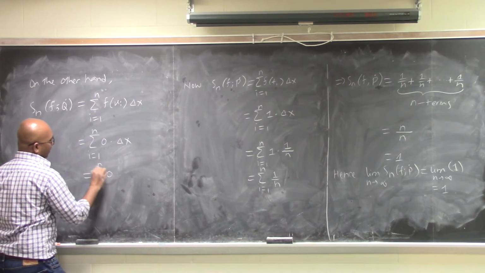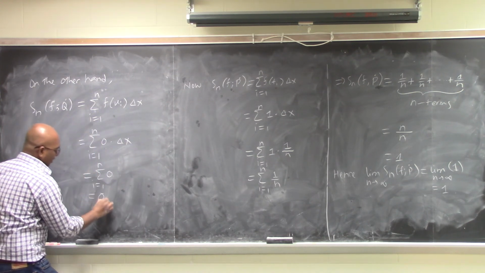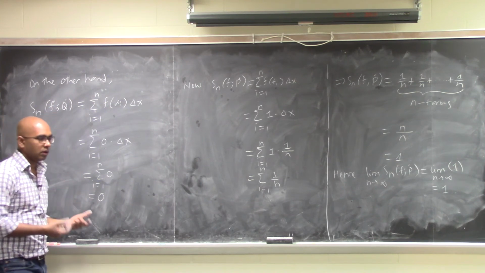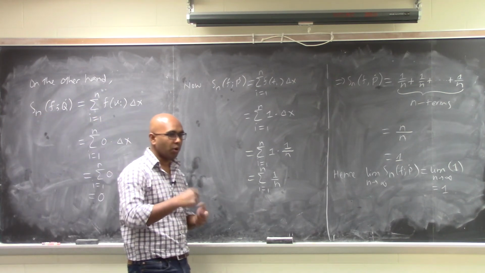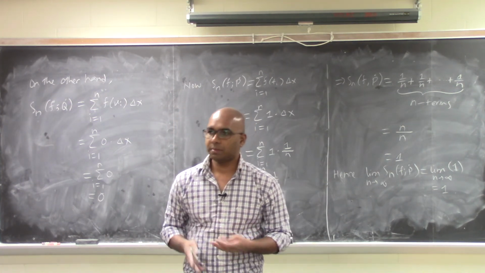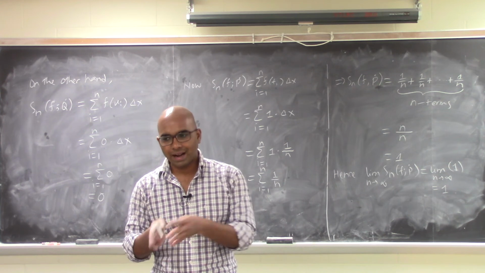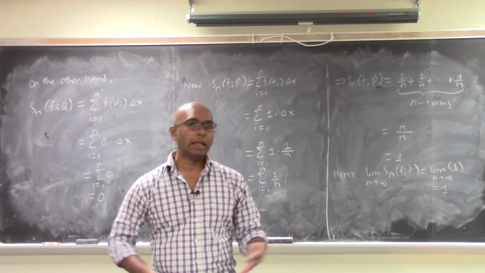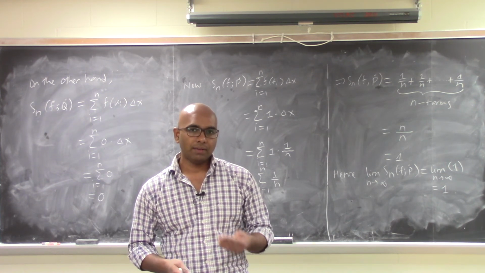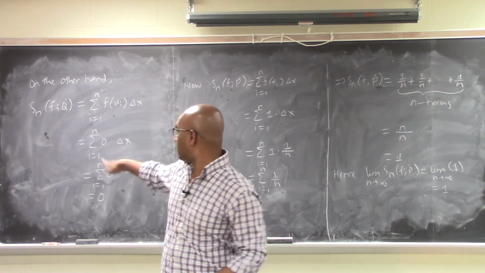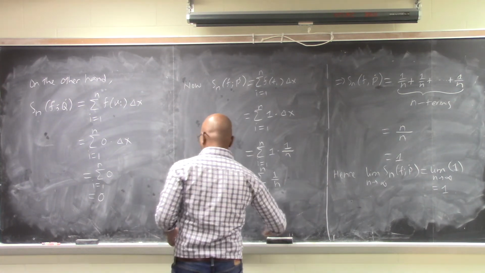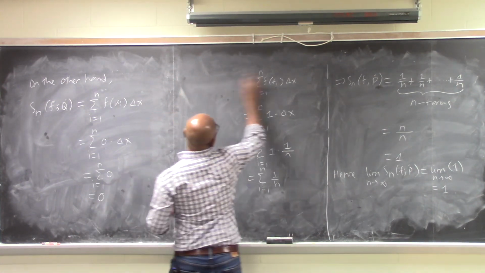If you add 0 as many times as you want, it is still going to be 0. So if you choose your tags from each subinterval to be irrational numbers, then your Riemann sum is always going to be 0, no matter what your n is. That means if n goes to infinity, this Riemann sum will have limit 0.